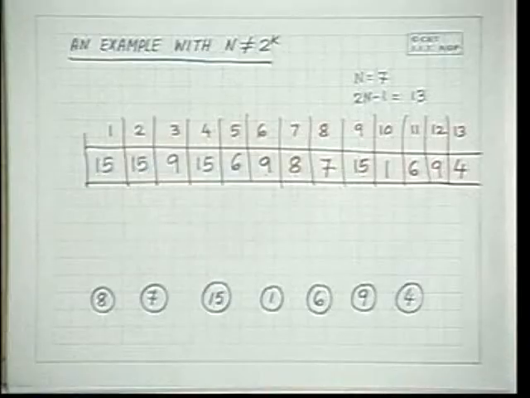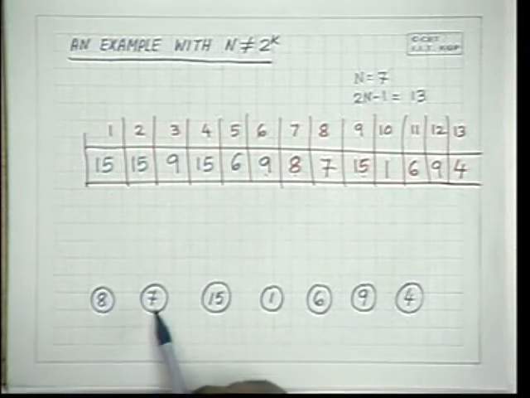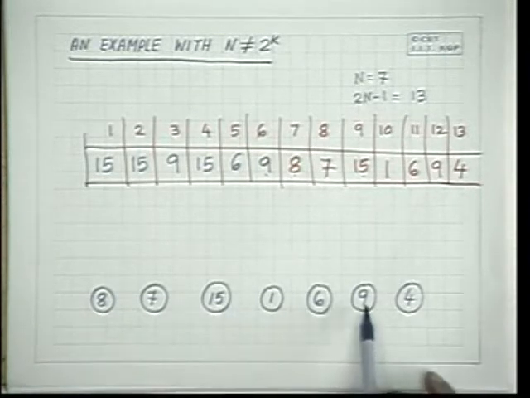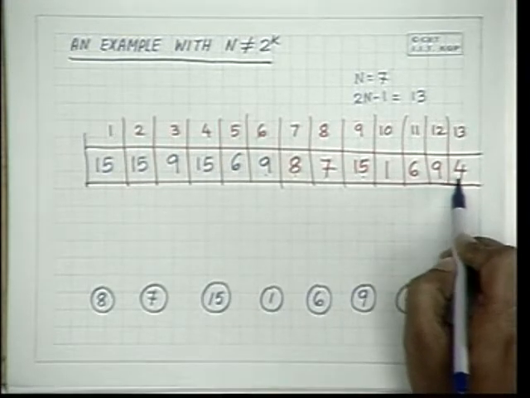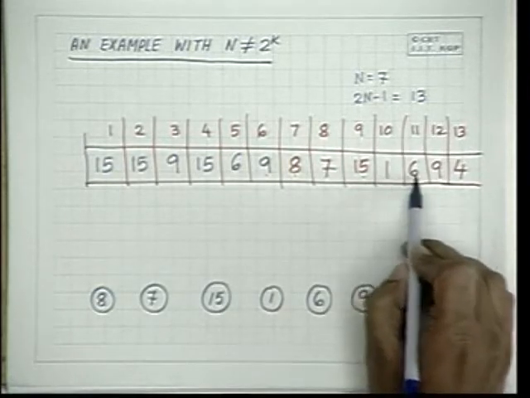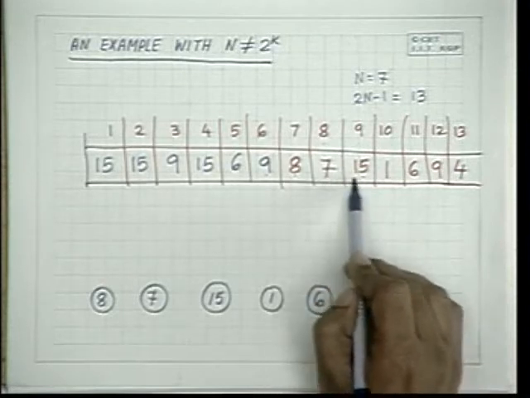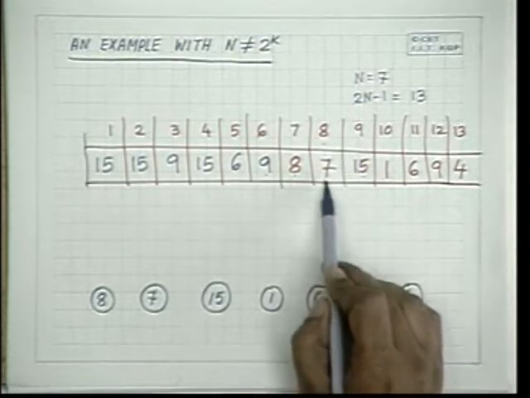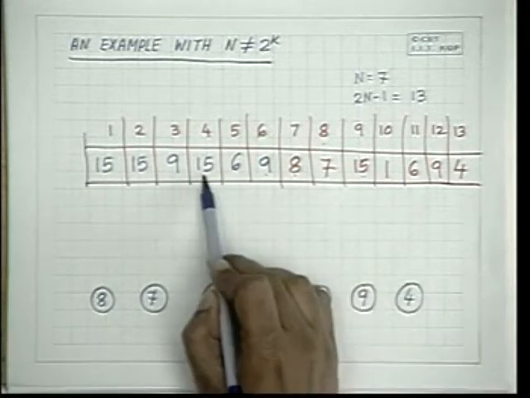Let us take this one. We have got 8 elements: 8, 7, 5, 15, 1, 6, 9 and 4. And how did we build up the tournament? 9 and 4 in 12 and 13 is stored in 6. 10 and 11 is stored in 5. Comparison of 8 and 9, that is 7 and 15, the numbers in locations 8 and 9, and the comparison is stored here.